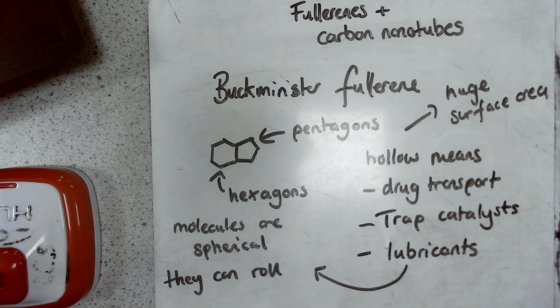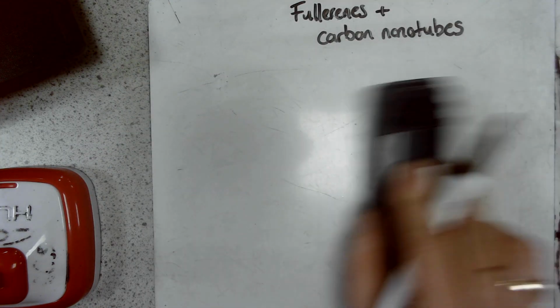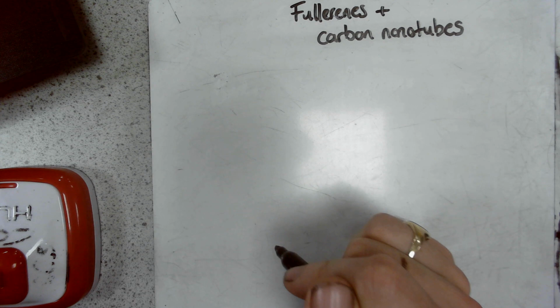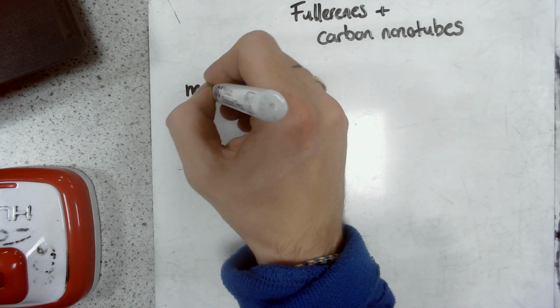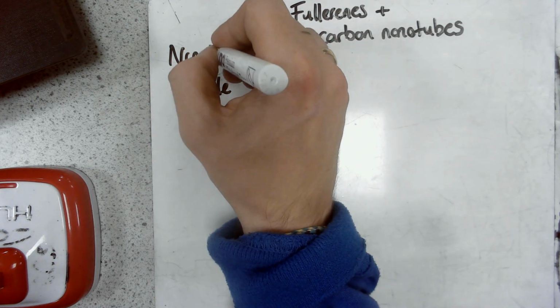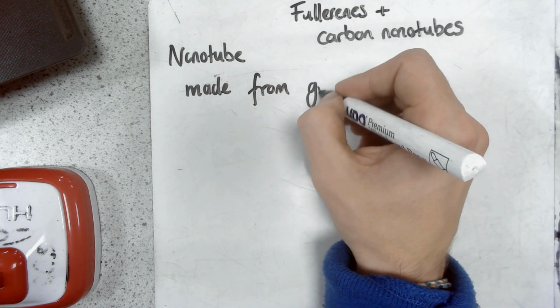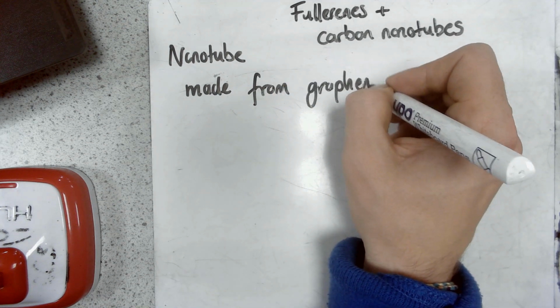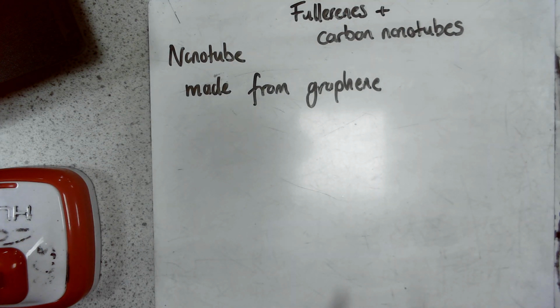Right, now we also said we were going to talk about carbon nanotubes, so let's have a look at those. Now, carbon nanotubes are made from graphene. Right, so a carbon nanotube, and I'll write up here, nanotube, is made from graphene. And essentially, it is a layer of graphene rolled into a tube.